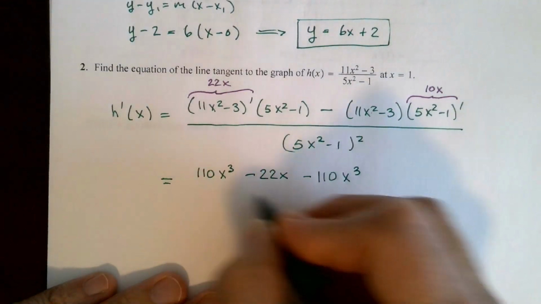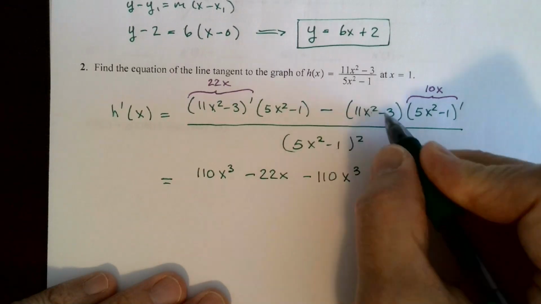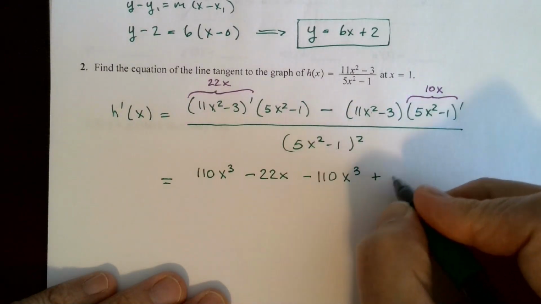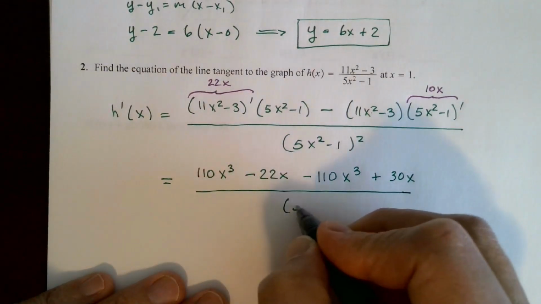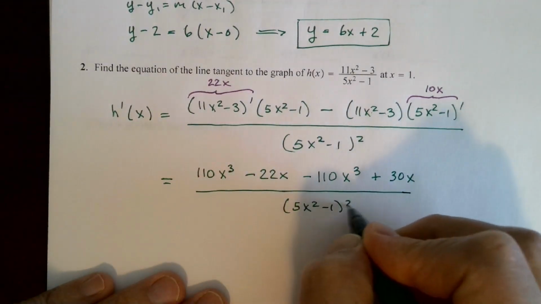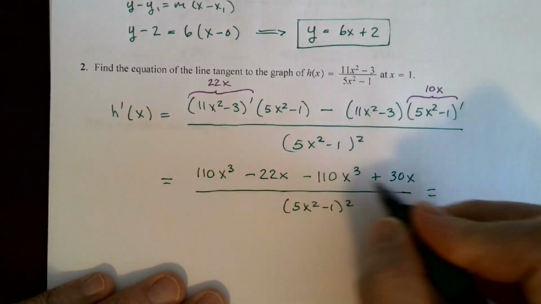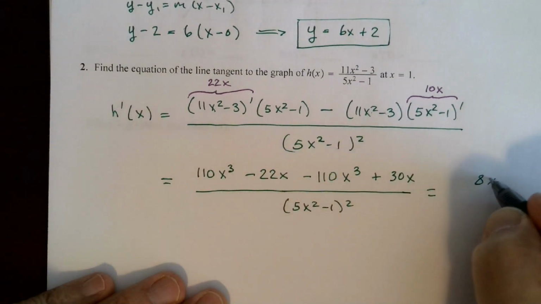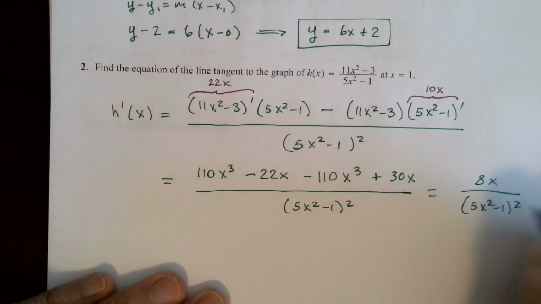Hey, see how I can simplify here? Then minus times minus is positive 3 times 10, 30x. 110x cubed minus 110x cubed is 0. I get negative 22x plus 30x is 8x. So I just went ahead and simplified that down a little bit.